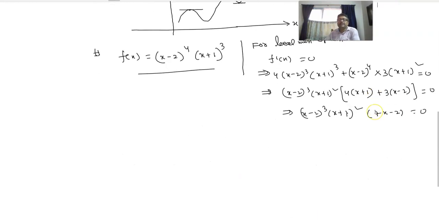So if you go on simplifying it, this is going to be 2, minus 1, 2 by 7.